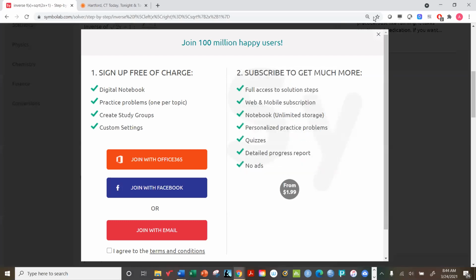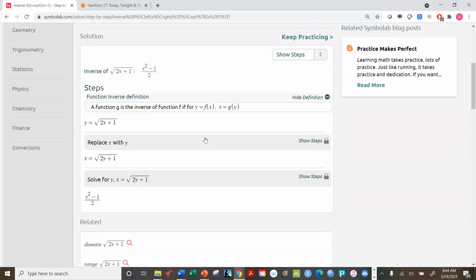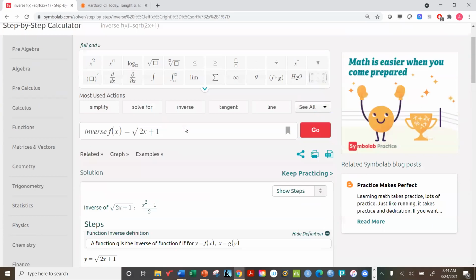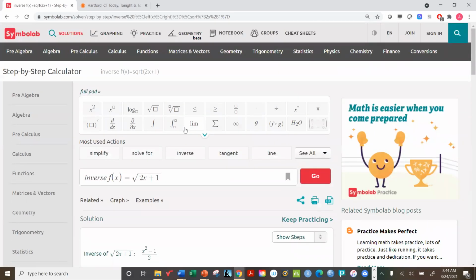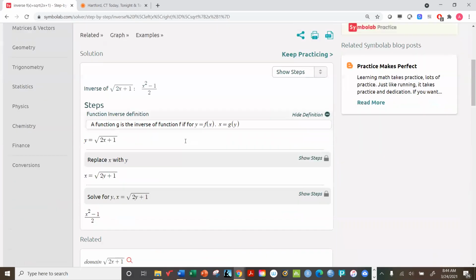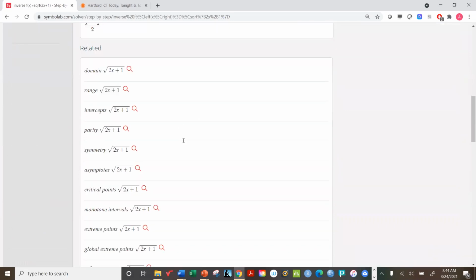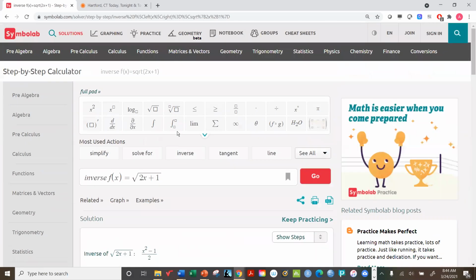You can actually subscribe to this thing and get a lot more information out of it. If you're going to be taking a lot of math classes, it might be a good investment. But yeah, I'm pretty impressed with it, considering it's free on the internet. It's not exactly Mathematica, but it's kind of nice.